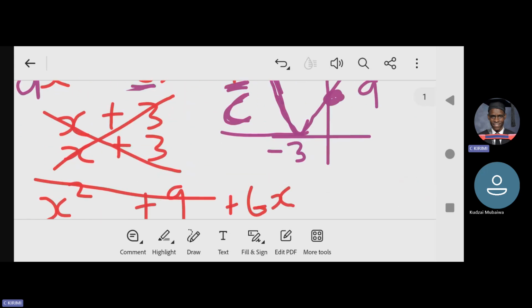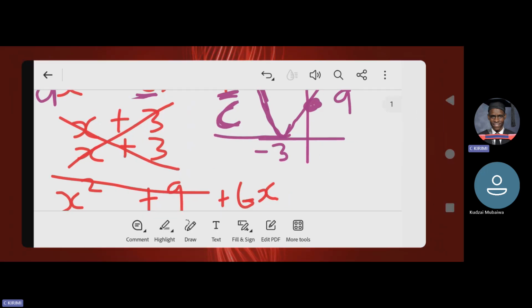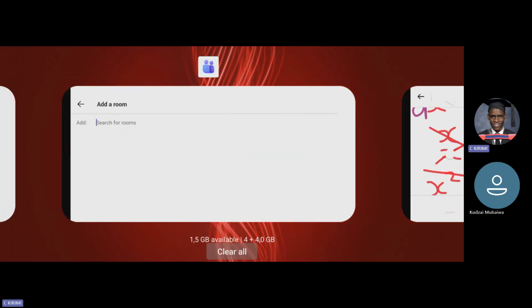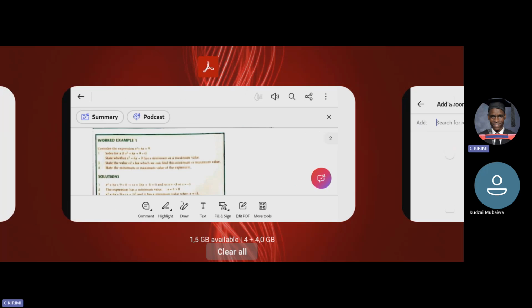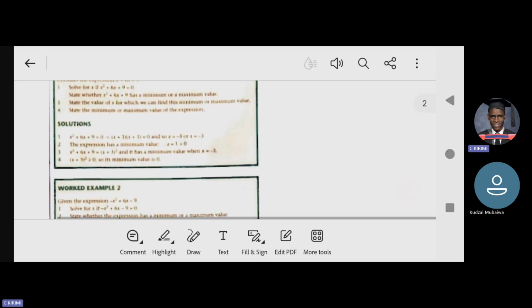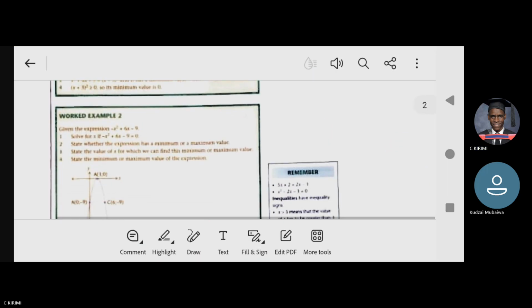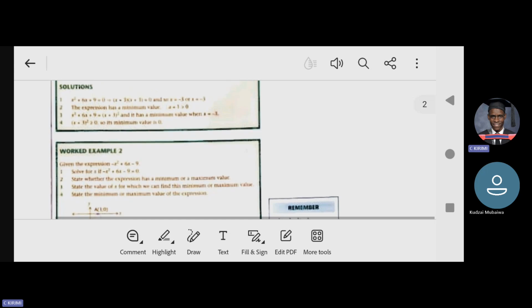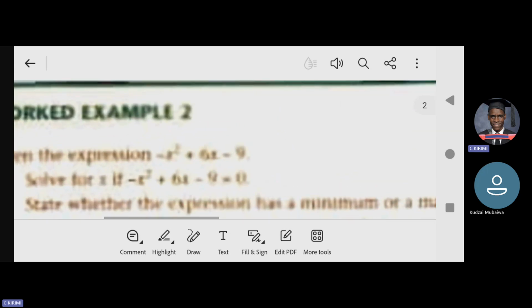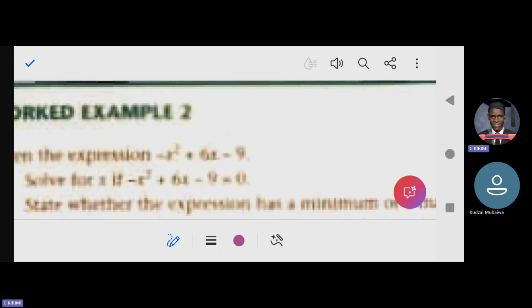So let's go for an example. We check the graph that has at least two roots from our worksheet, from those textbook examples. So that one is now here, the value is negative. Since it's -x squared, it means it's facing downwards.